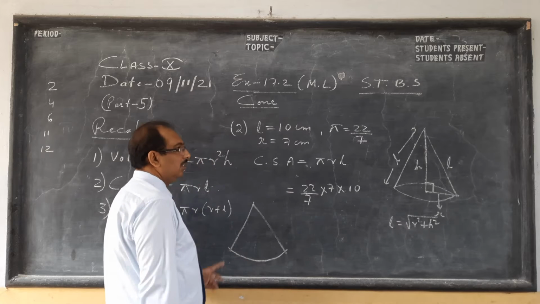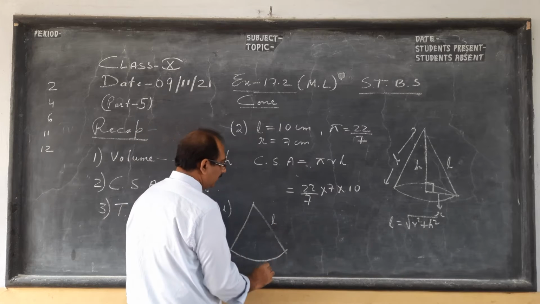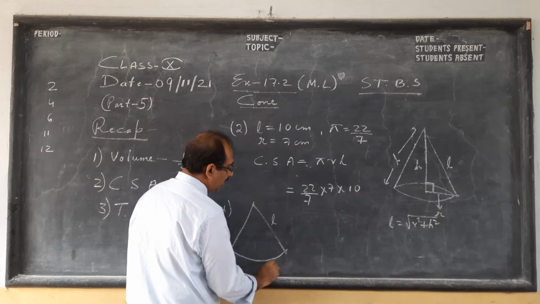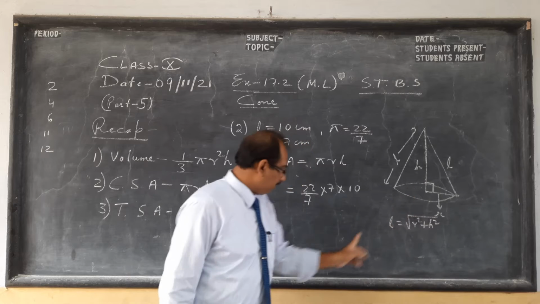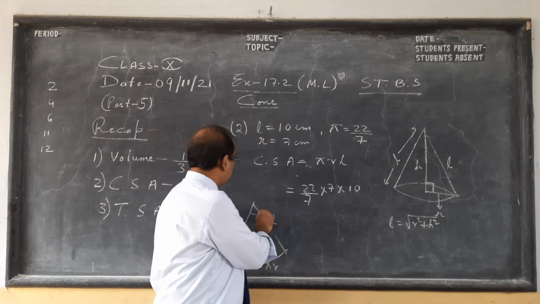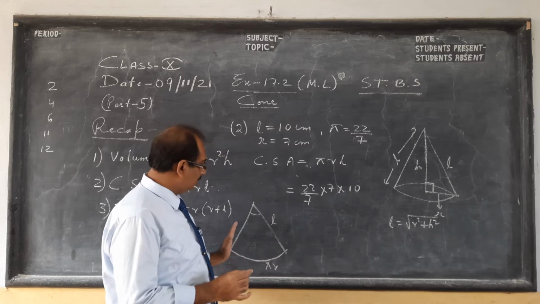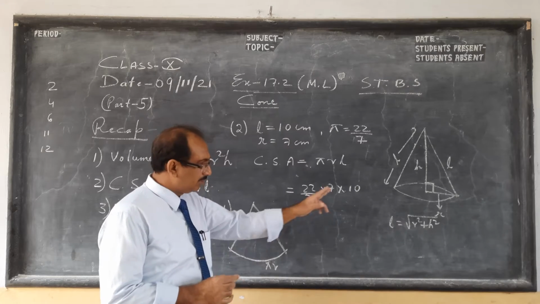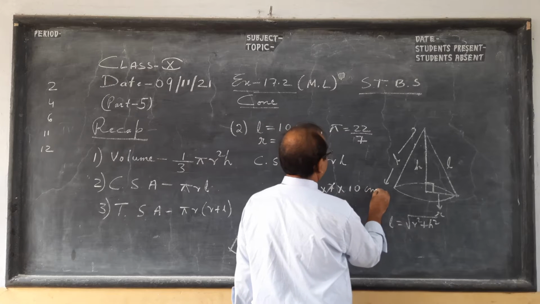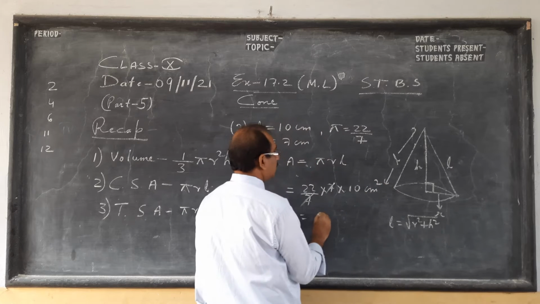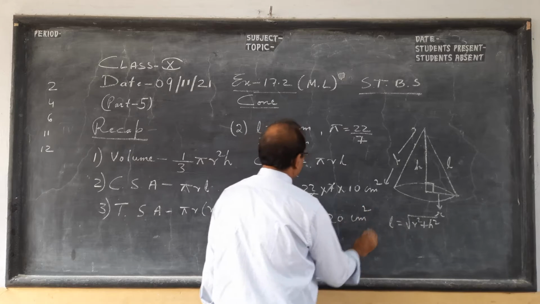This is the slant height, and this is your pi r l, because the full circle is 2 pi r, this is pi r. If you join a little bit bigger piece of sector, you will get that cone. So this will cancel, and the unit is centimeter square. So this will be 22 into 10, 220 centimeter square.